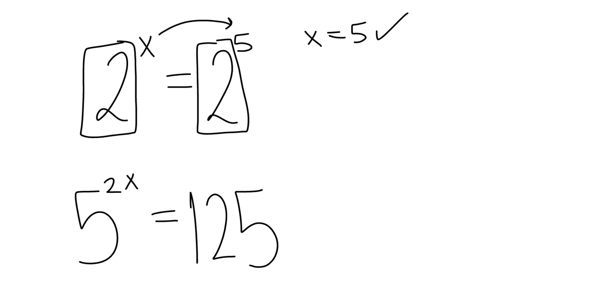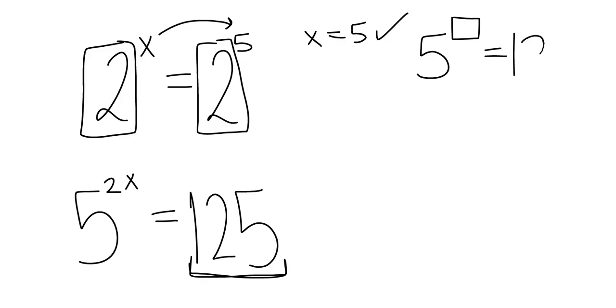Oh, so what did we say? We need to have the same base on the left side and on the right side, and then our exponents will be equal. Okay, what happens with 125? How can we write it as 5 to the power of something to give us 125?